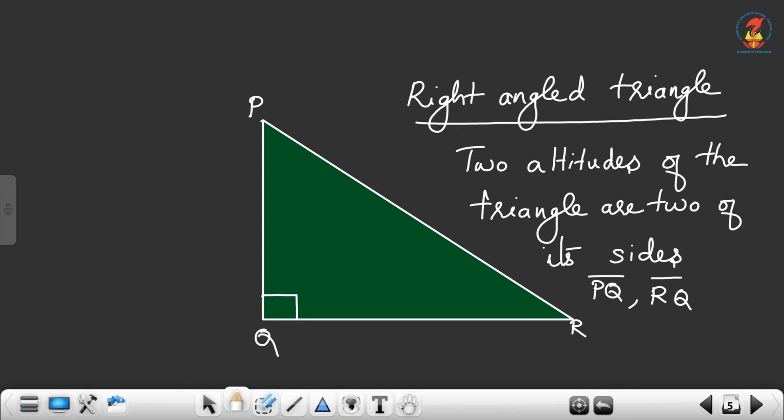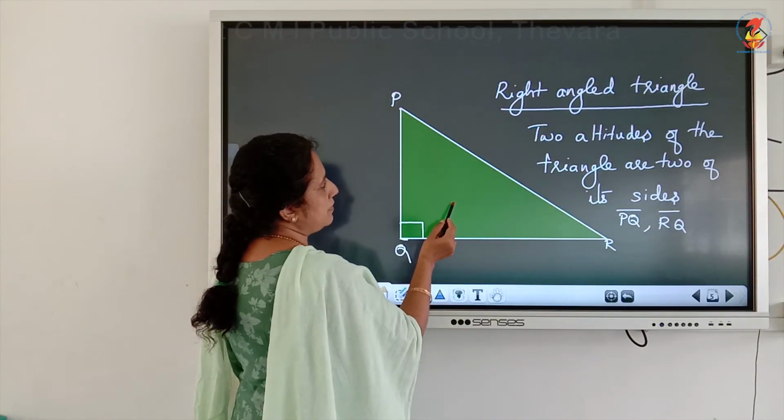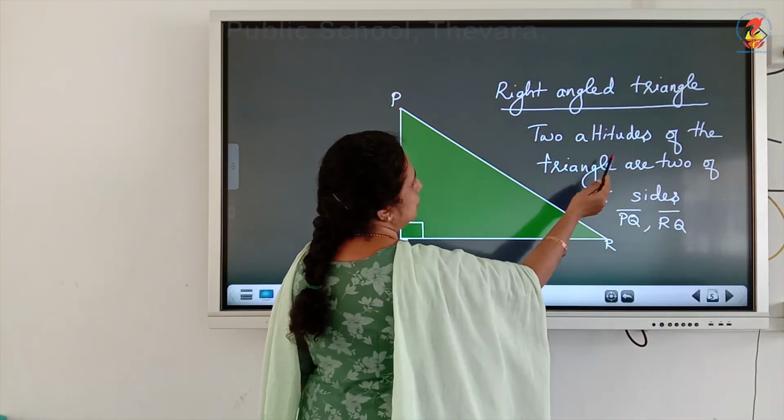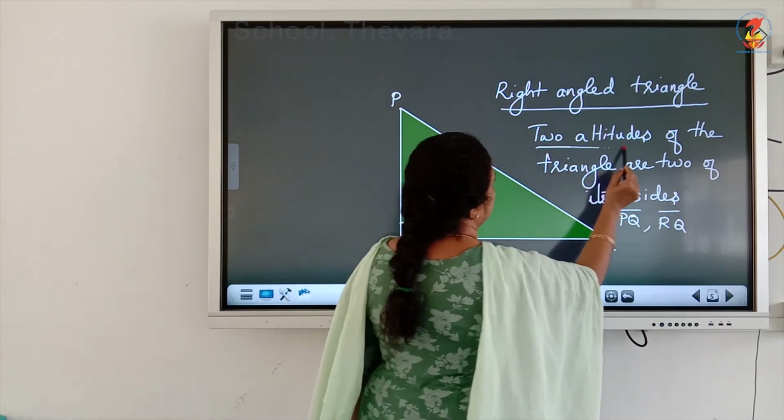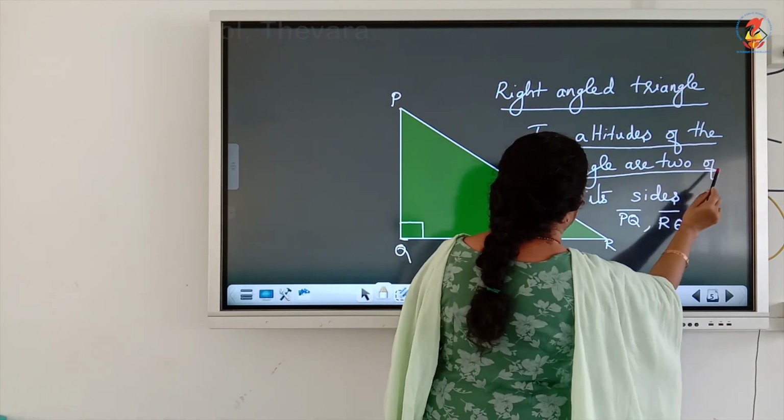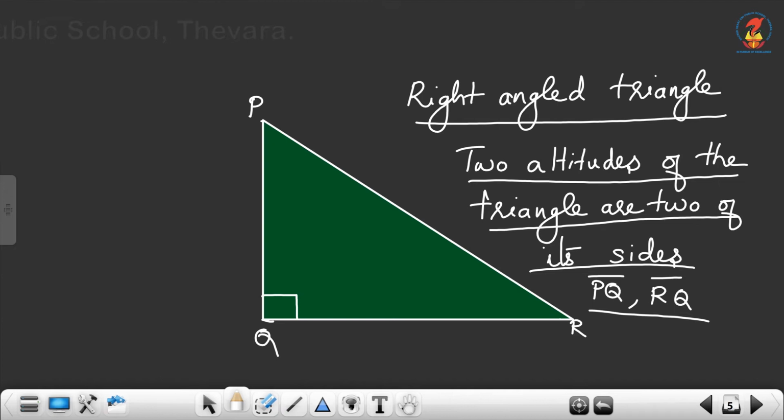Then suppose you take the vertex R, and you draw an altitude from this vertex R to the opposite side PQ. Then you can see that the side RQ represents the altitude. Therefore, in the case of a right angled triangle, two altitudes of the triangle are two of its sides.